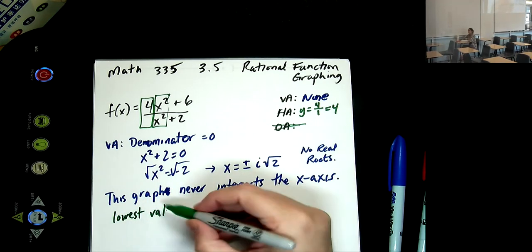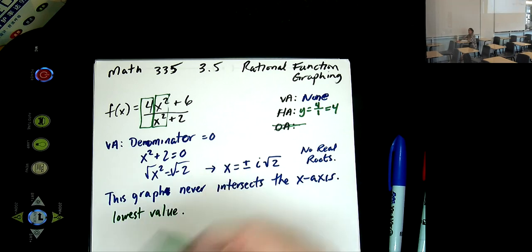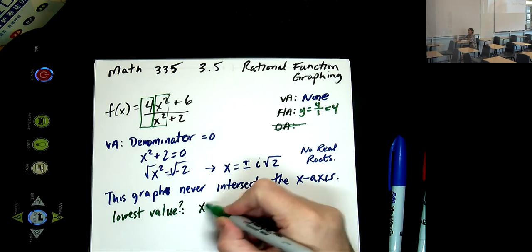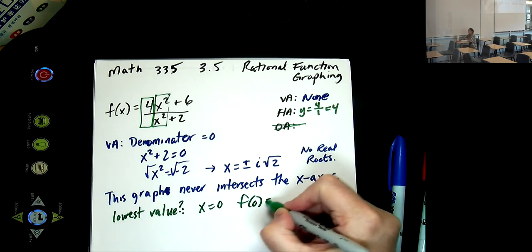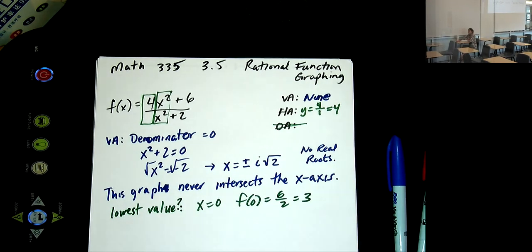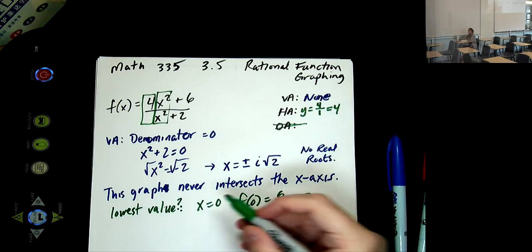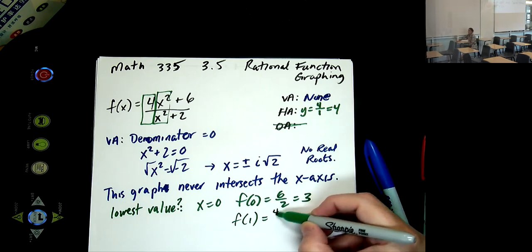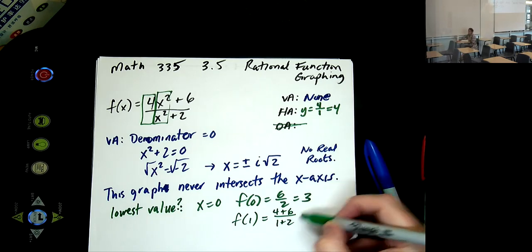Well, is it the lowest? I don't know. Let's plug in. If x equals 0, we have f of 0 equals 6 over 2, which is 3. Does it ever get any different? If I stick in f of 1, I get 4 plus 6 over 1 plus 2.